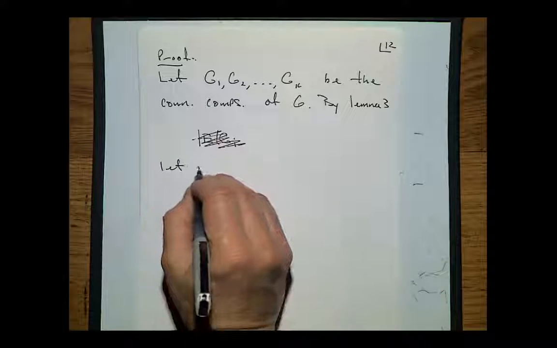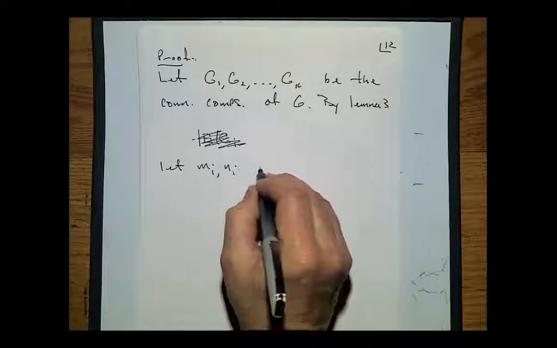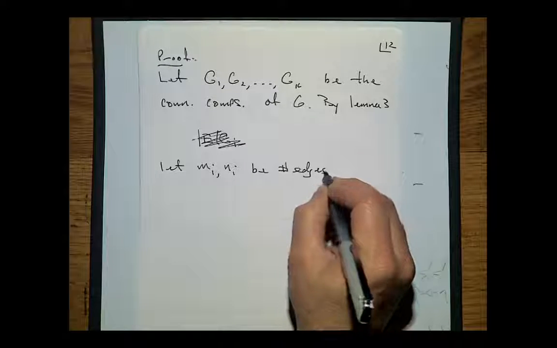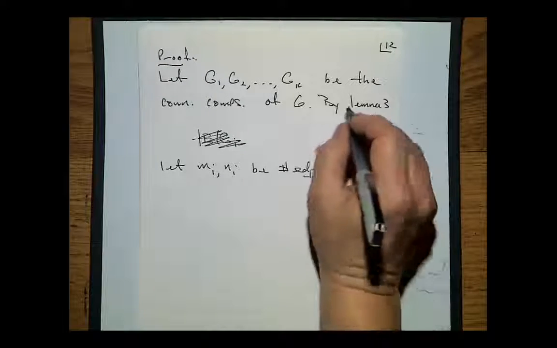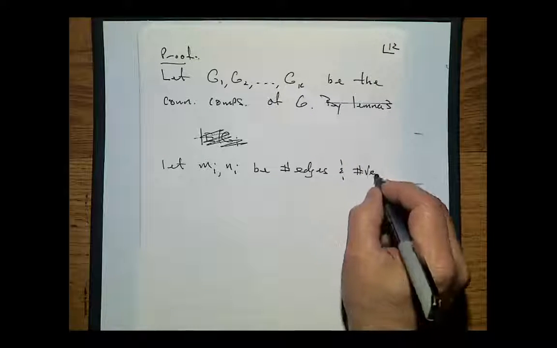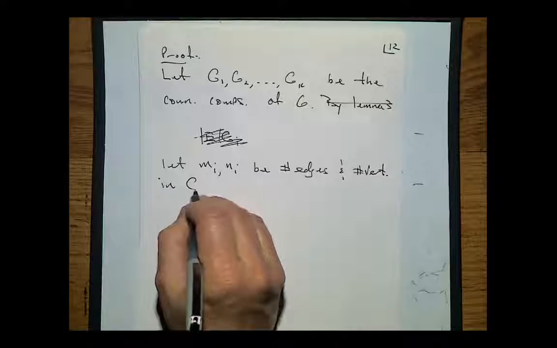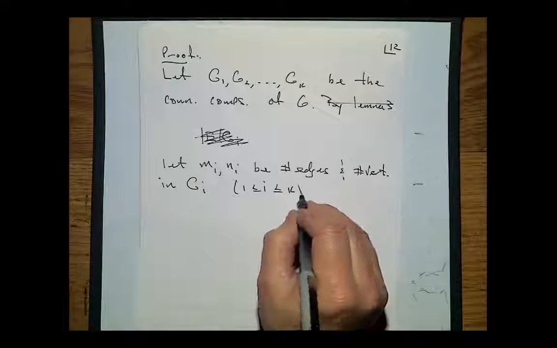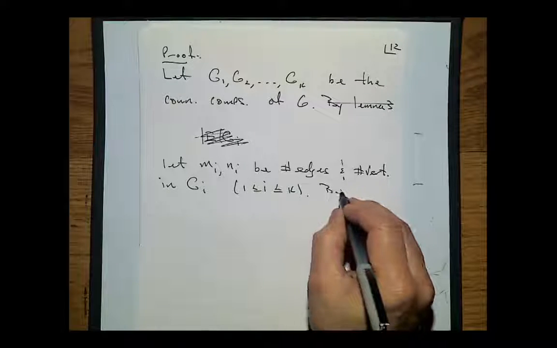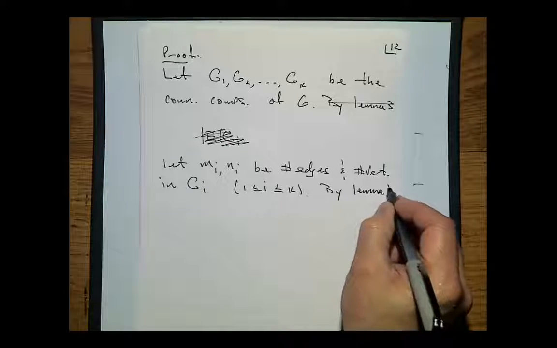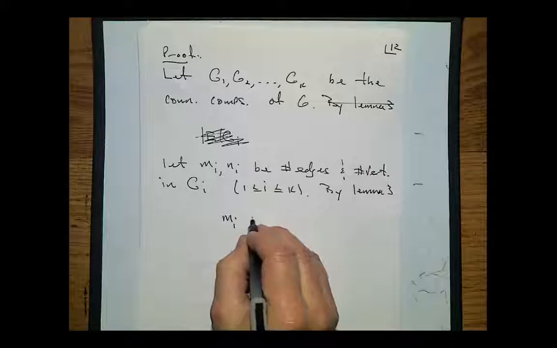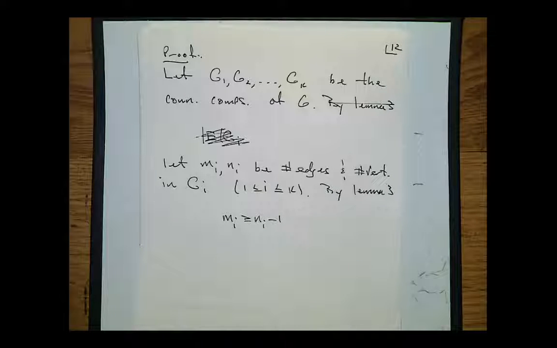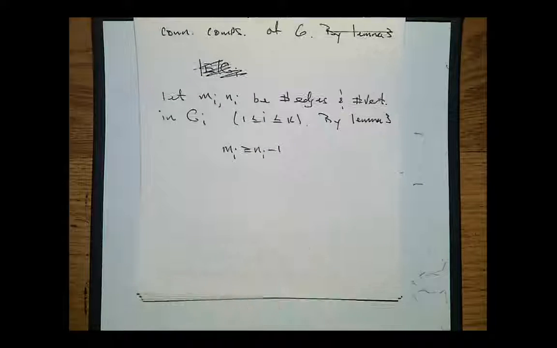Let mi, ni be the number of edges and number of vertices in Gi, i going from 1 to k. By lemma 3, we have mi greater than or equal to ni minus 1, since the Gi are all connected. They're connected components. And that's all lemma 3 required, connectedness of the graph.